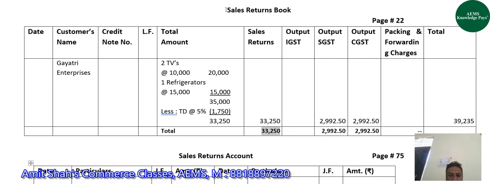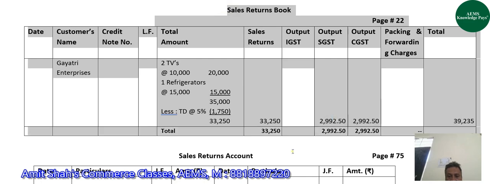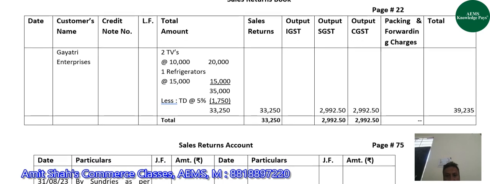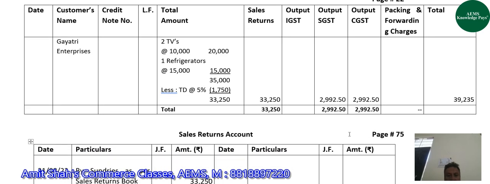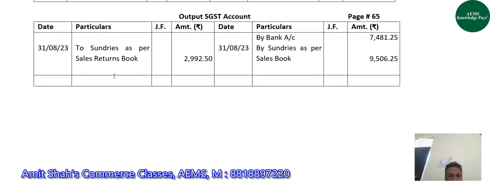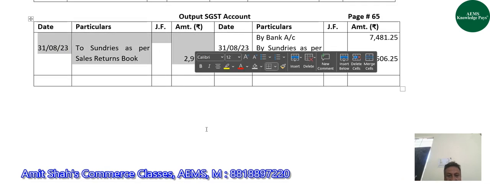So guys, make these two things, sales return book and sales return account, in case you have not made them yet. Guys, I hope you have updated the output CGST and output SGST accounts from the sales return book.